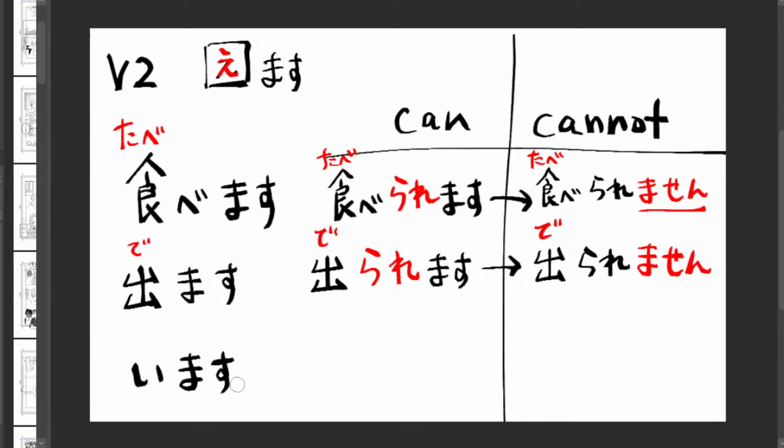I'm at the office. When you say that I can be here, for example, iraremasu.